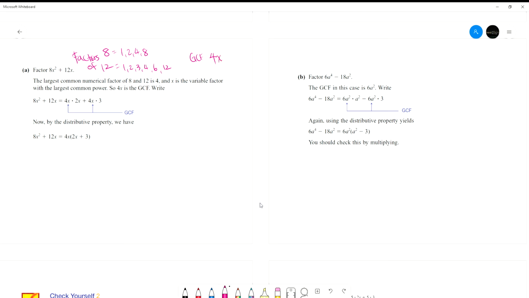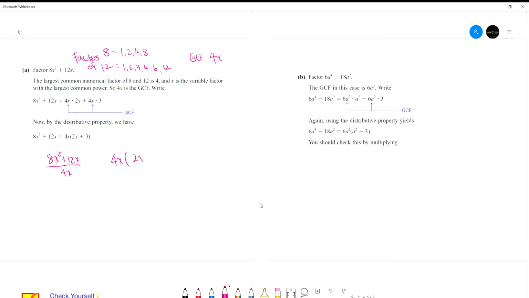So what we do now is we divide 4x out from 8x squared plus 12x. Remember how we were doing this? The way we write it is we put 4x here, and we put parentheses, because it's kind of like the reverse distributive property we just learned from the previous section. So 8x squared divided by 4x is what?